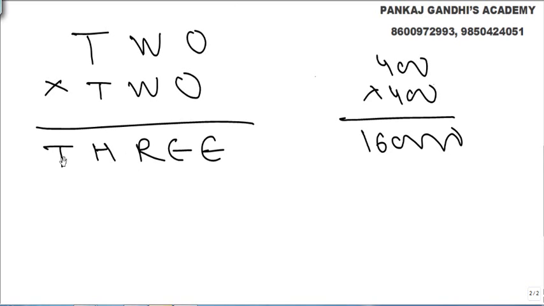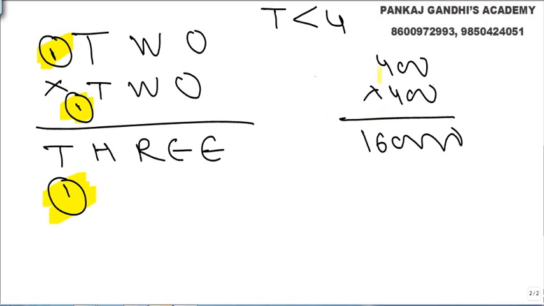This is a 5-digit number. So this cannot be, T has to be less than 4. Then we tried, T can be 1 or 2 or 3. 3 into 3 comes out 9, no. 2 into 2 comes out 4, no. So the only possibility is T has to be 1. That is confirmed now. 1 into 1 we get 1.